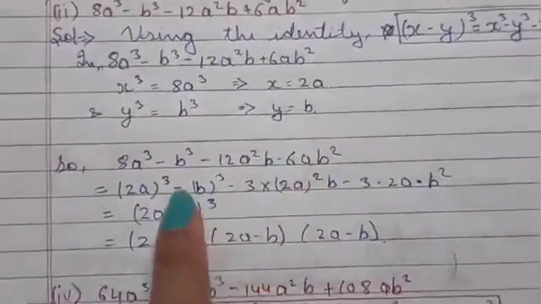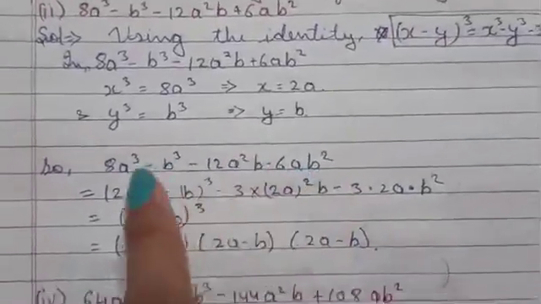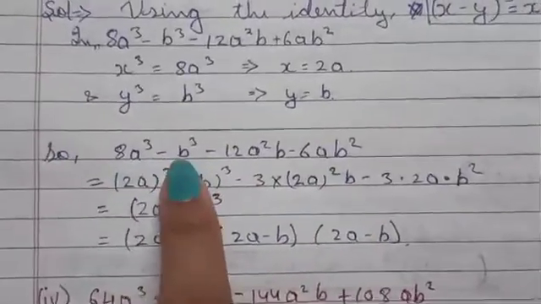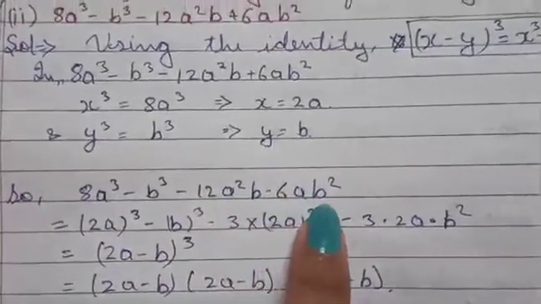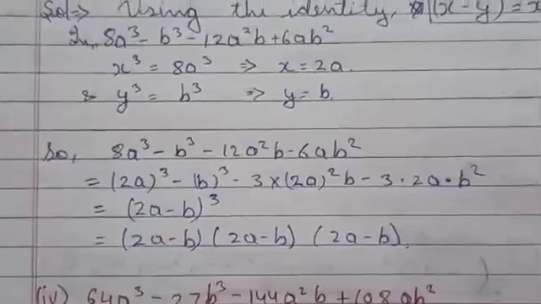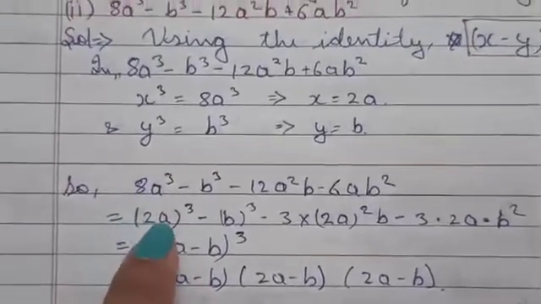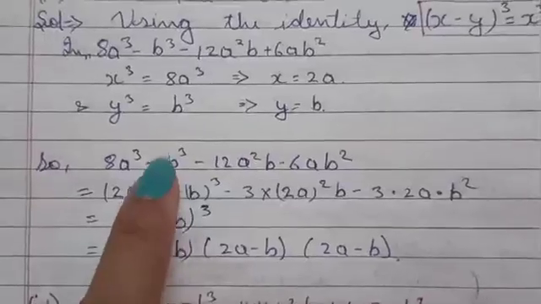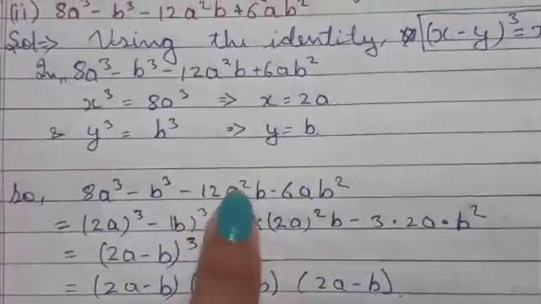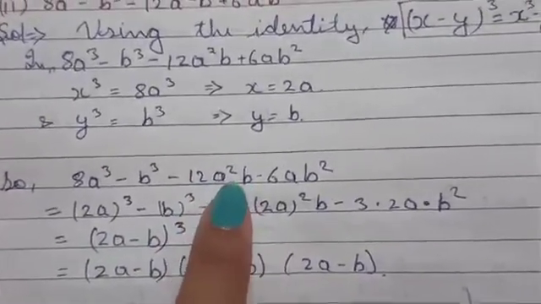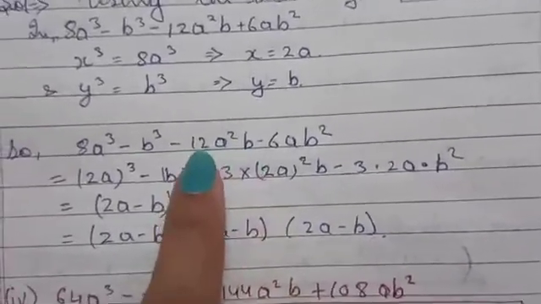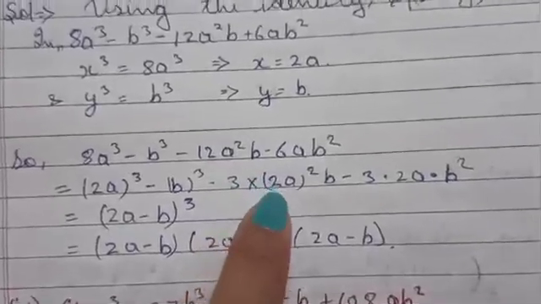Now we can expand this algebraic expression as 8a cube minus b cube minus 12a square b plus 6ab square. 8a cube is the cube of 2a, so (2a) whole cube, minus b cube, minus, we can split the third term 12a square b as 12 is the product of 3 into 2 square.